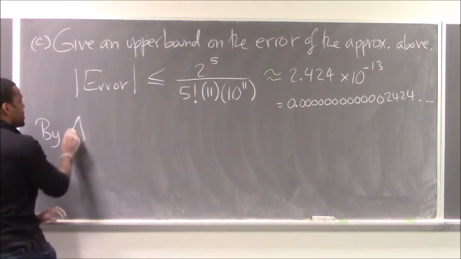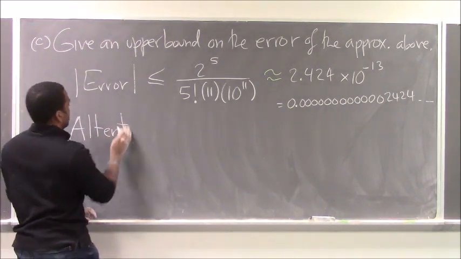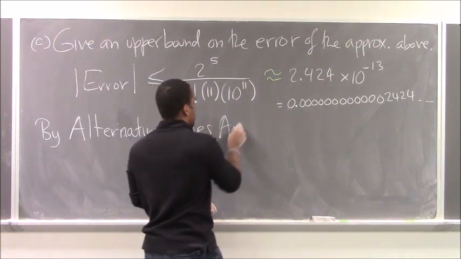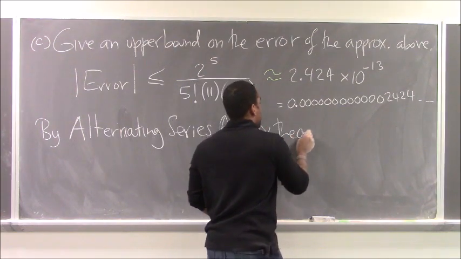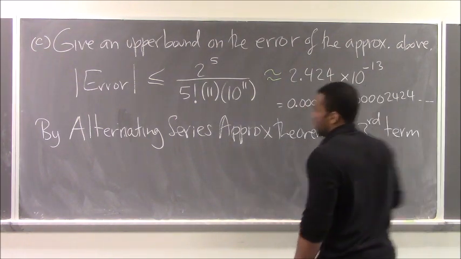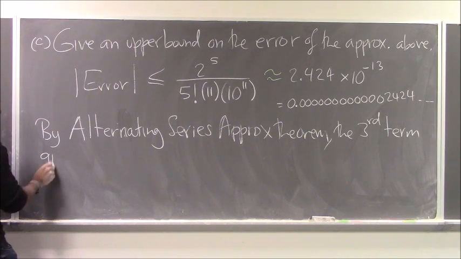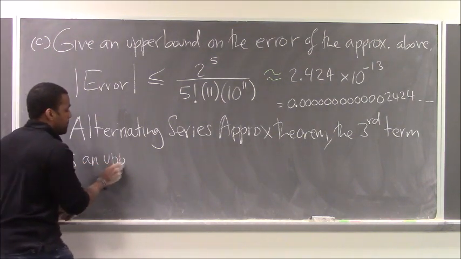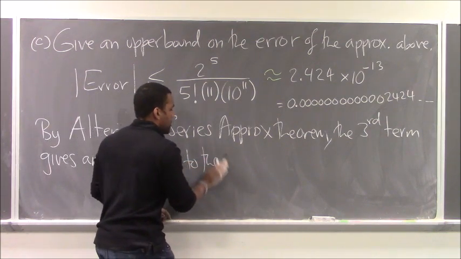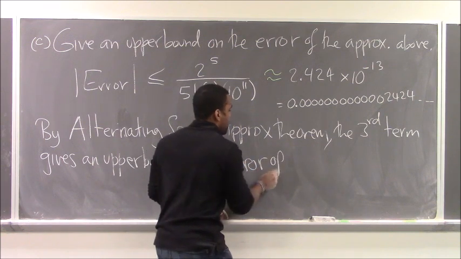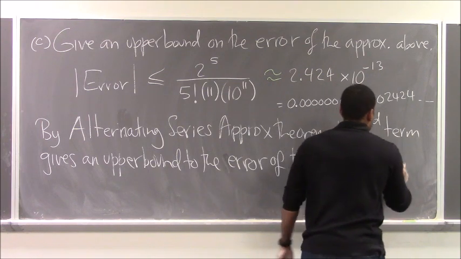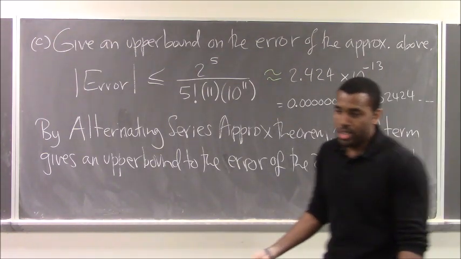So by the alternating series approximation theorem, the third term gives an upper bound to the error of the first two terms. That's it. It was actually an alternating series.